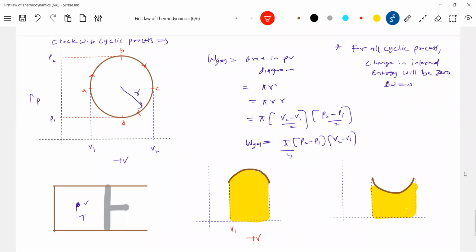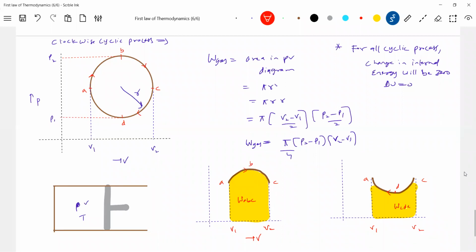There's volume V1, V2. So this is A, B, C. This is C, D, and A. Which is W of ABC, and this is W of CDA.